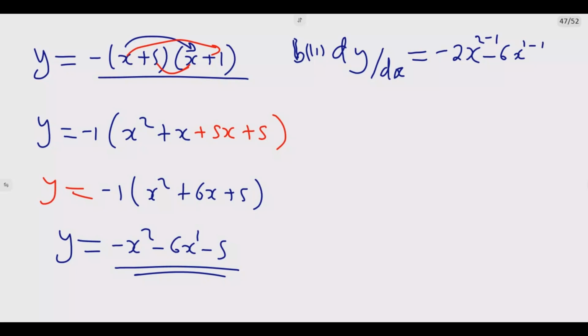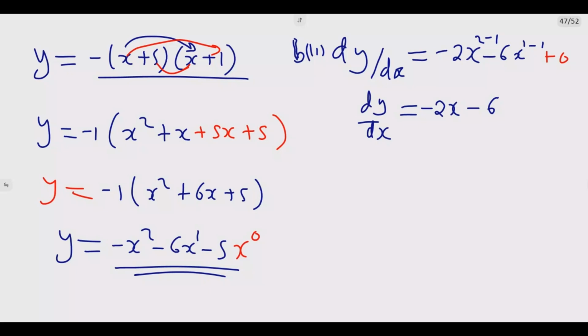Then because this one is the same as x to the power 0, it will be 0 times 5, which is 0. Then whatever remains becomes just a 0. So simplifying this gives me minus 2x, minus x to the power 0 is 1, 1 times 6, so we have negative 6. So at dy dx, this is the case.